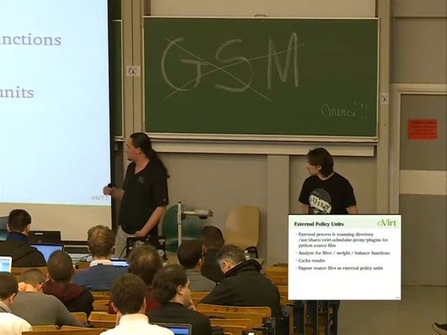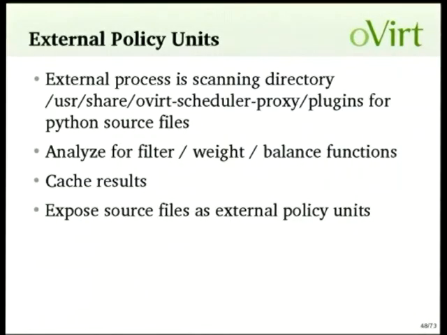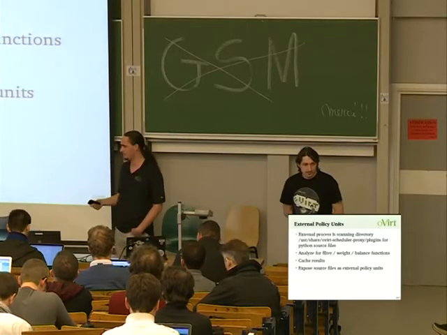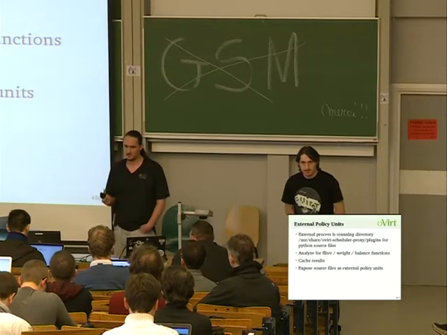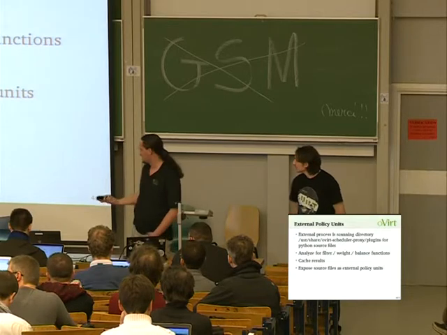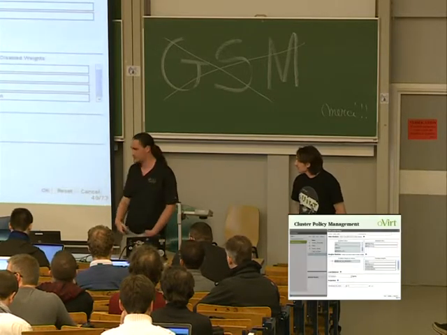And this all goes into an external policy unit. So there's some process running on a library on the engine, and it analyzes the filters, the weights, the balance functions, finds them, and creates module representations that can be used in the engine, so we'll see how to use it.